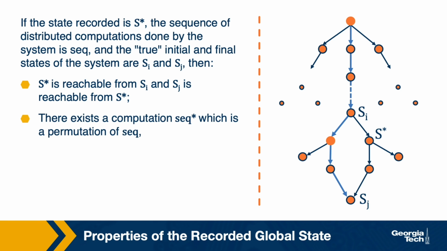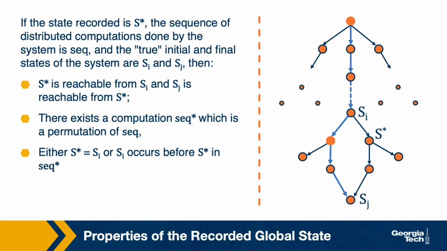This tells us that there is some computation sequence star, which is a permutation of the actual sequence of events which took place in the system, that we said was sequence. And in that permutation, sequence star, we know a few things.